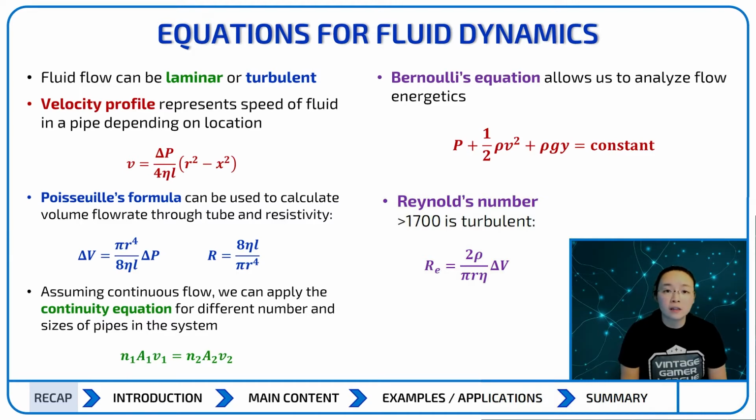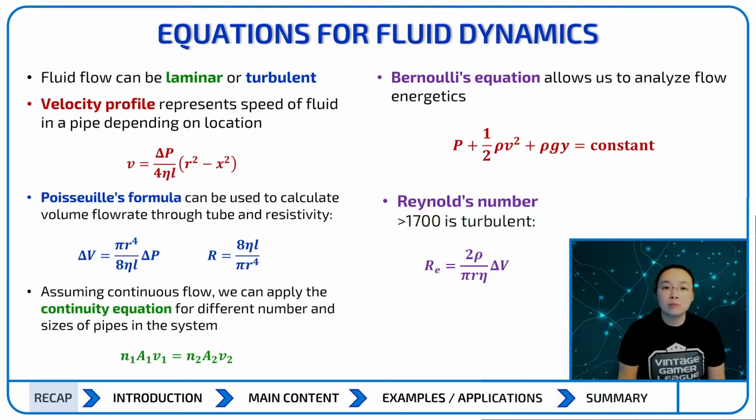Knowing the volume flow rate is important; you can just plug and chug using that equation. And because there is flow, we also have to consider another factor that can prevent smooth flow, which is R for resistivity.